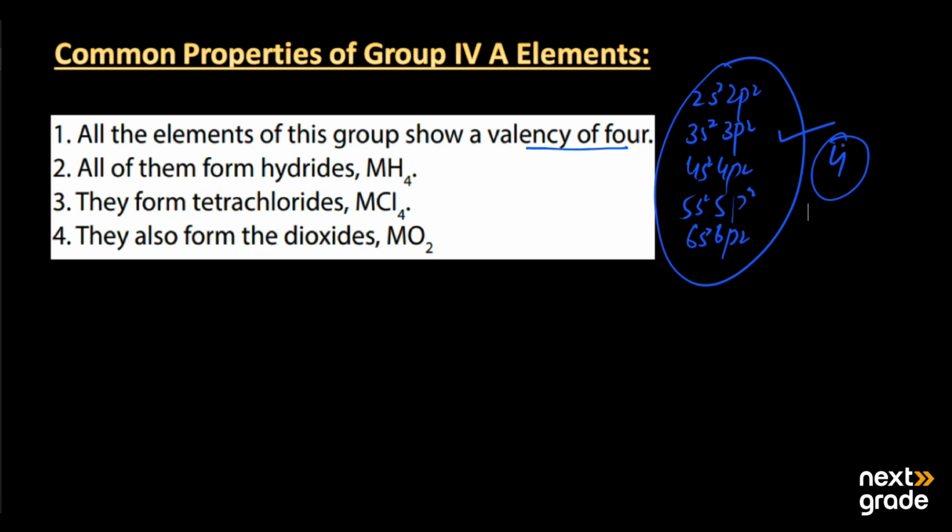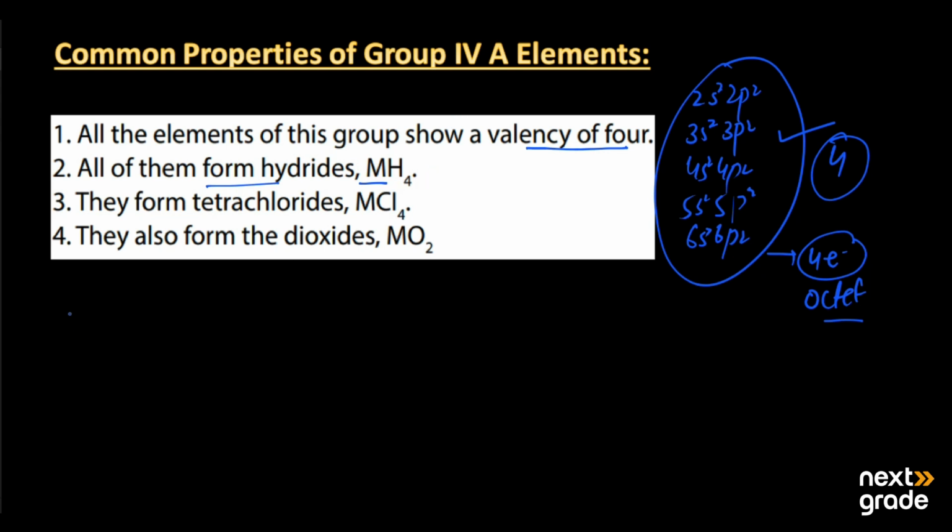Why is the valency 4? Because they have 4 electrons and they require 4 more electrons to complete their octet, or to complete their valence shell.